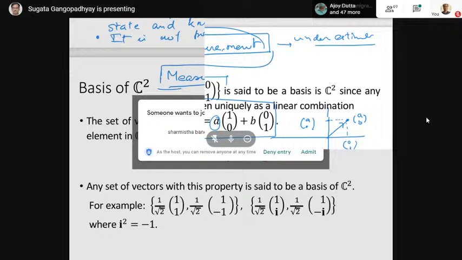So ultimately this whole thing boils down to something like this. Suppose I have a vector, a quantum state, and we will be writing a quantum state in this way, ket psi.